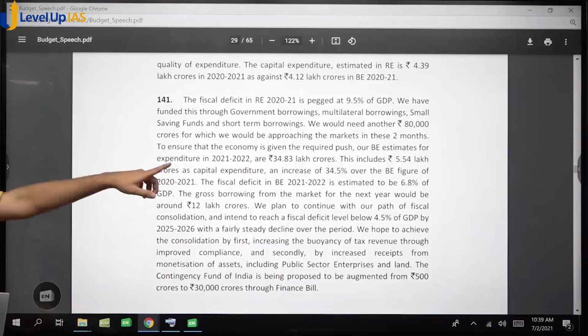Remember, BE is budget estimate. We had done this BE, RE, revised estimate, actual estimate, budget estimate.